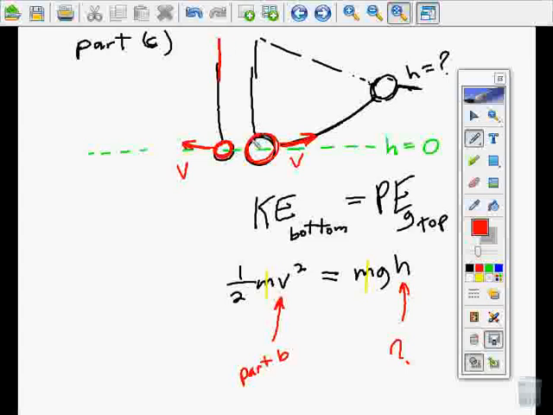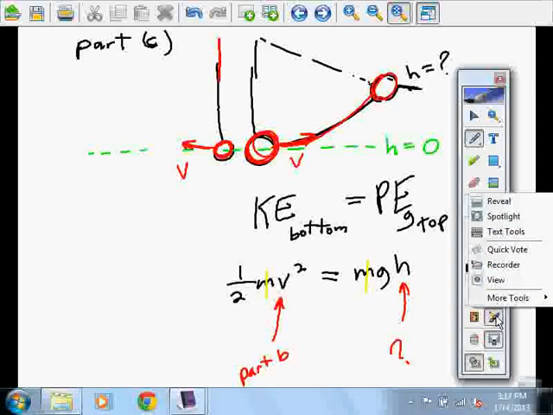So the kinetic energy that they have right after the collision turns into potential energy when they rise all the way to the top of the swing. And that's when kinetic energy is zero. Yes, no?